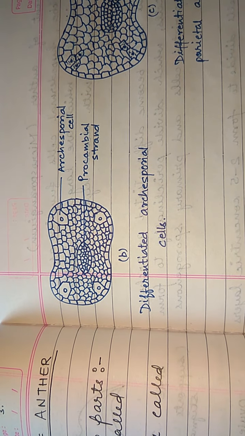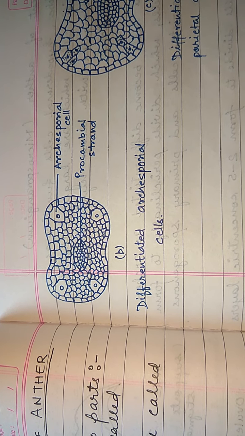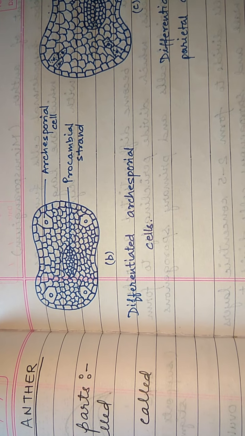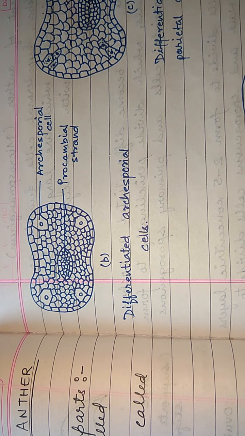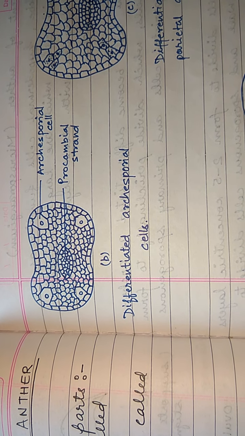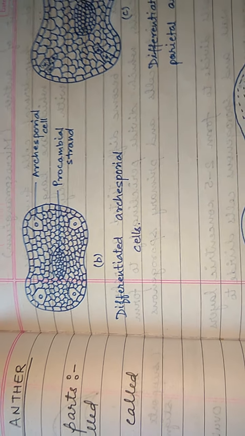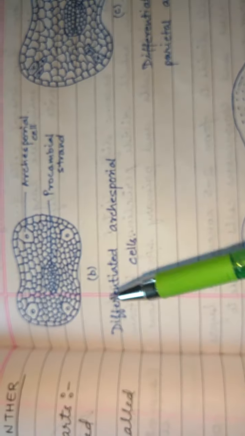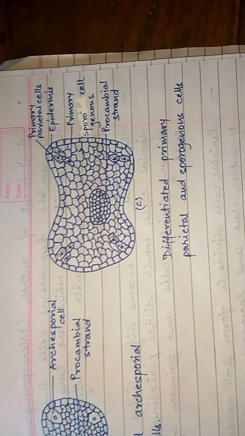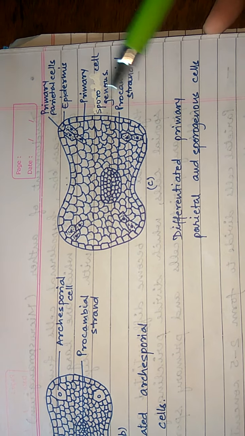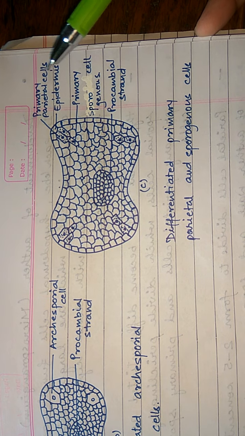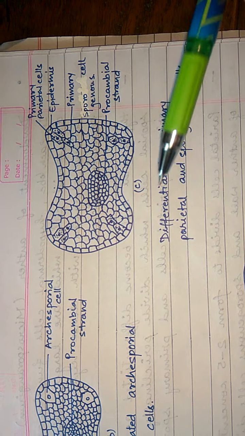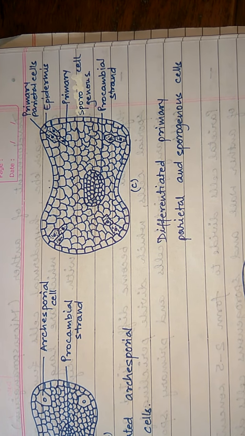Now it will divide and form archesporial cells and procambial strand. Means this is going into differentiation, and it will differentiate to form primary parietal cells and primary sporogenous cells inside the layer called epidermis.